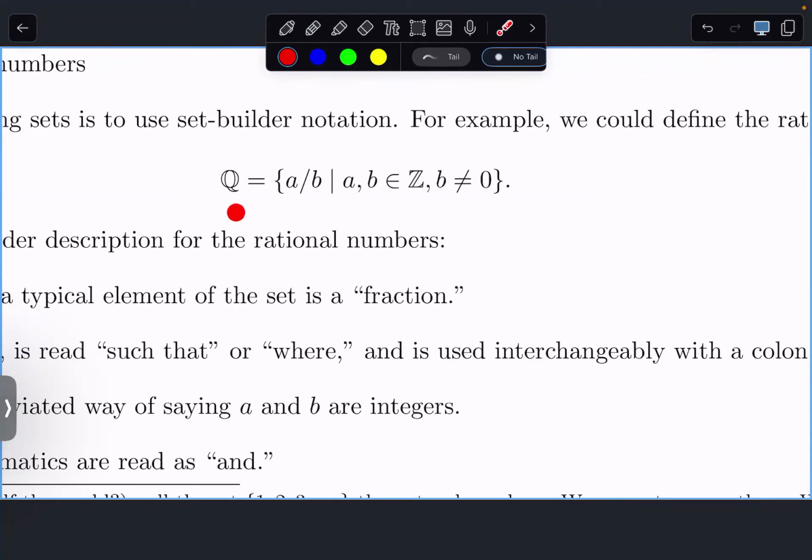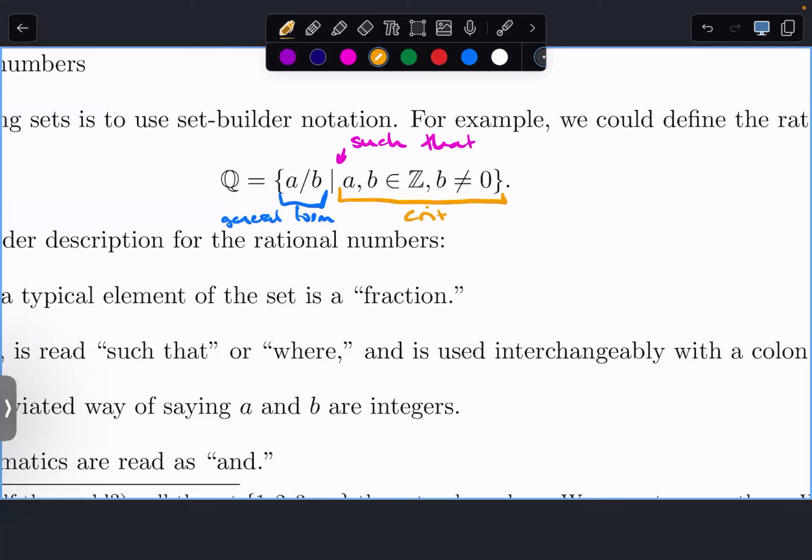Well, the set Q can be summarized as any number a over b, generically, such that, and you read this vertical bar as such that. Here is the general form of any element in the set of rational numbers, followed by the criteria.